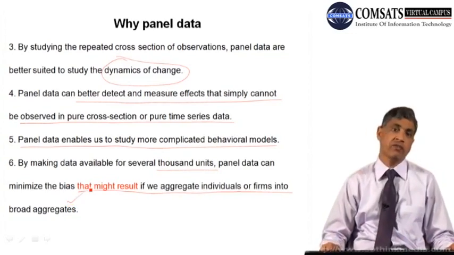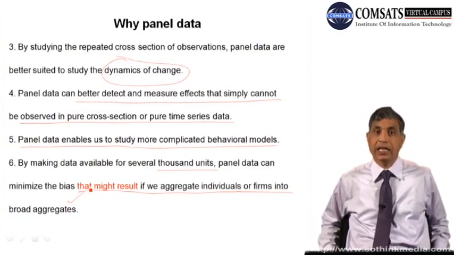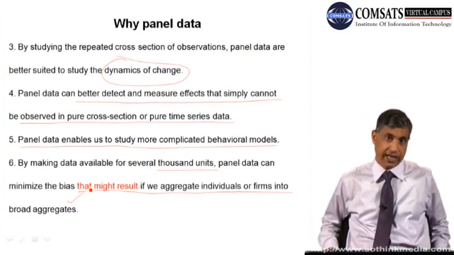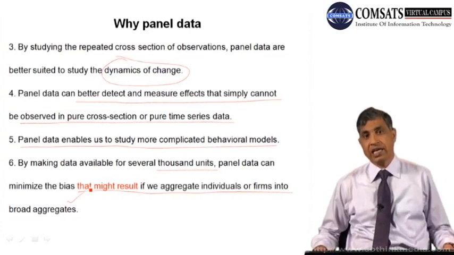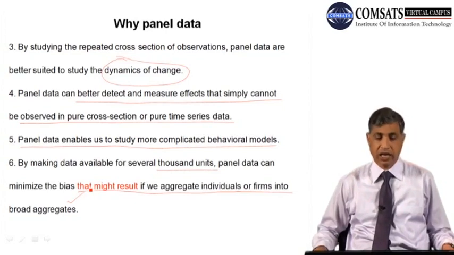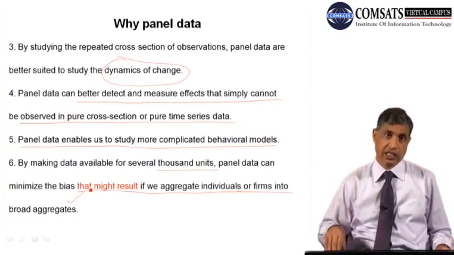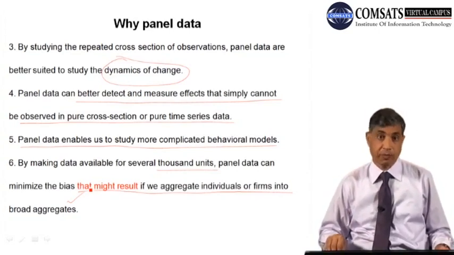Very simply, this is an enlargement of the data. If you separately aggregate the individual terms, it is not as beneficial as panel data. So these were some of the characteristics or salient features of using panel data.